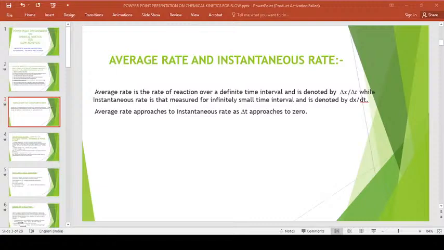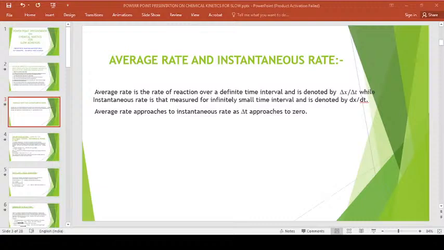And this law of mass action takes a great important role for determining the rate of a chemical reaction. Now let us see what the law of mass action says to you.